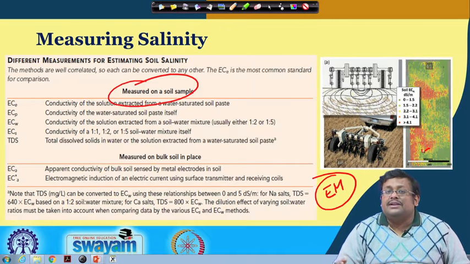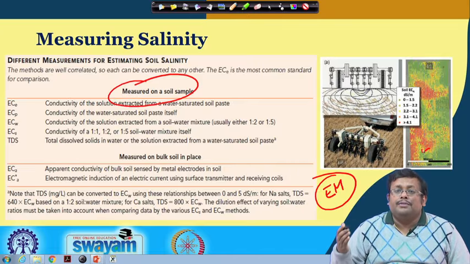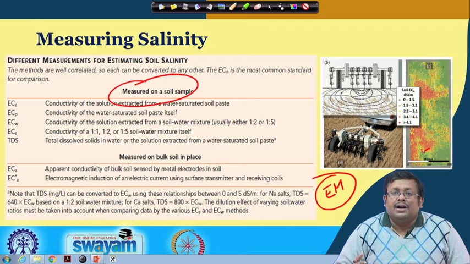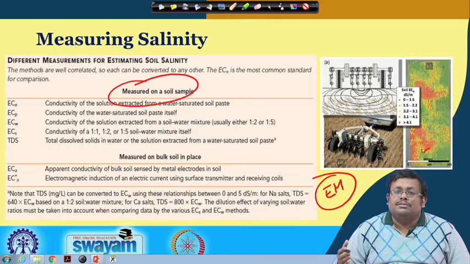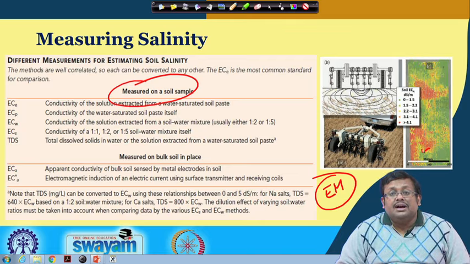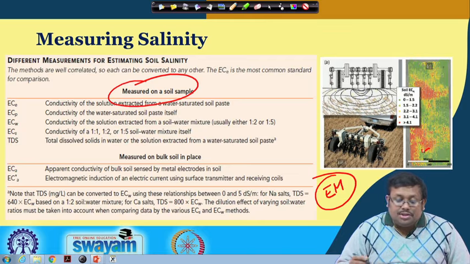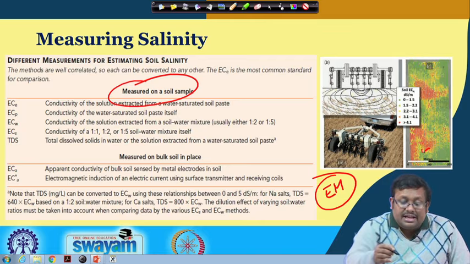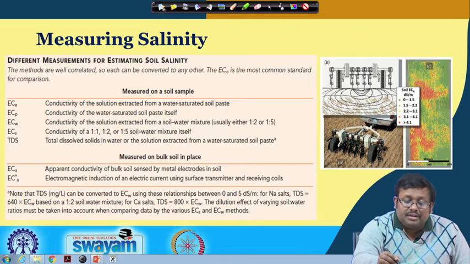So, these are some advanced methods of producing the salinity map which are generally adopted in advanced countries like the US and Europe. So, these are some common methods of measuring the soil salinity.